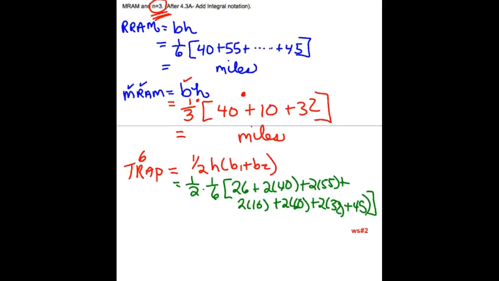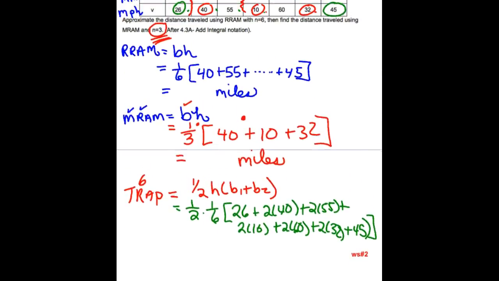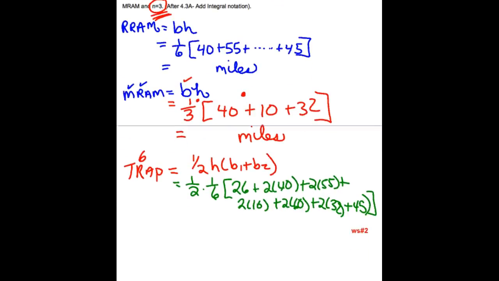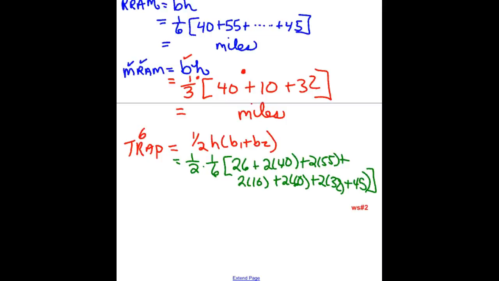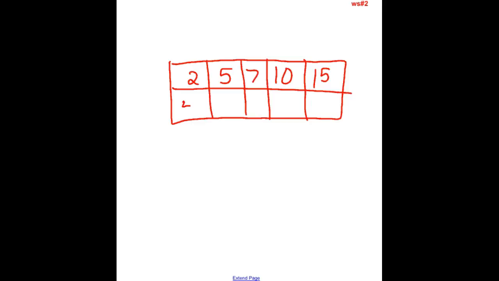So one thing to note, I'm going to go up. Actually, I think what I'll do is just make a fake one. On the worksheet, what you really have to watch for, most of them do have a consistent change on the x-axis, but if they don't, like if this goes 2, 5, 7, 10, 15, and then maybe this is, I'm just going to go 4, 5, 6, 7, 8, just to keep it easy.